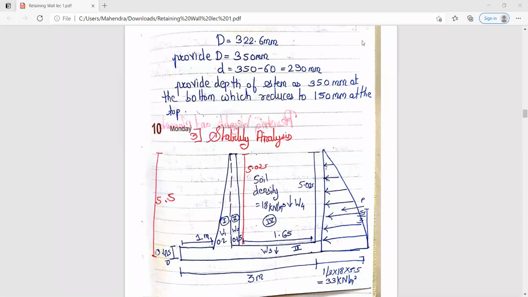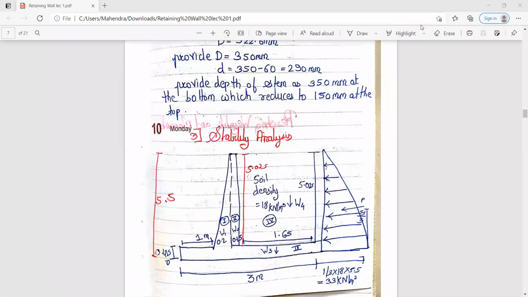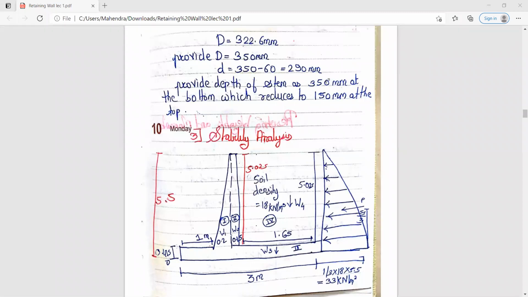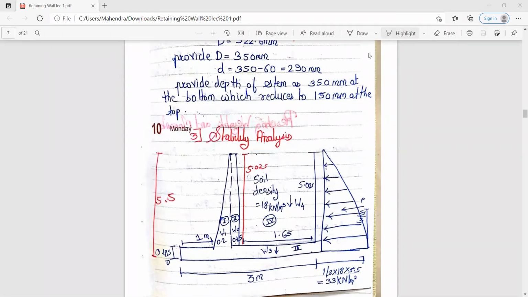And if there are any doubts in this stability analysis, you can ask. Yes, done, completed. Okay.